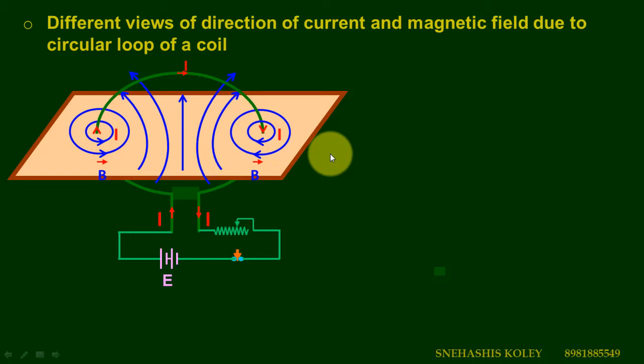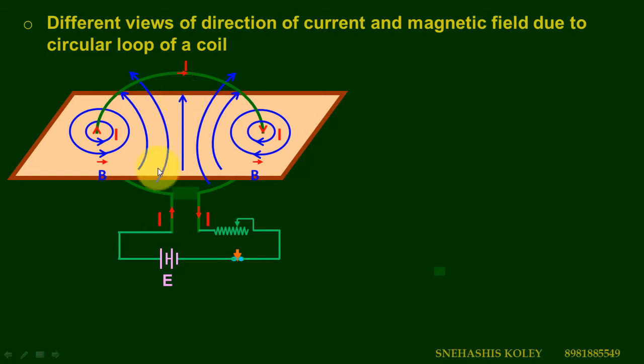And number 3, we observe that near the center of the loop, the magnetic field lines are nearly parallel to each other. So we can say that the magnetic field is uniform, that means the strength of the magnetic field is the same at each and every point. At the center, the magnetic field lines are along the axis of the loop, normal to the plane of the paper.